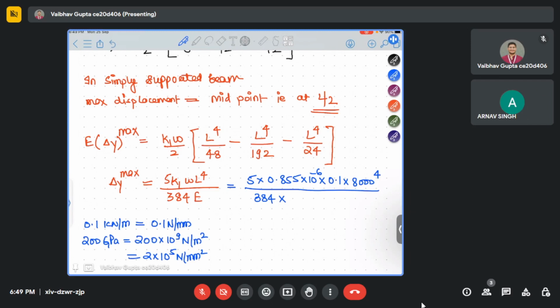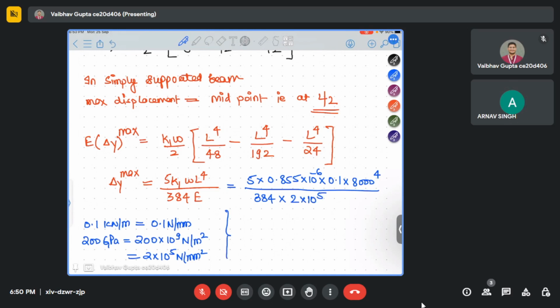Be consistent with units, otherwise you will get a wrong answer. So E is 2 into 10 to the power 5 Newton per mm square.